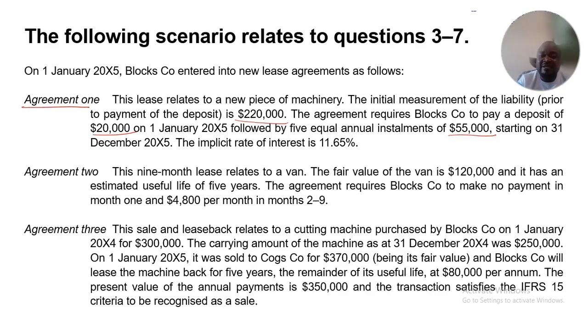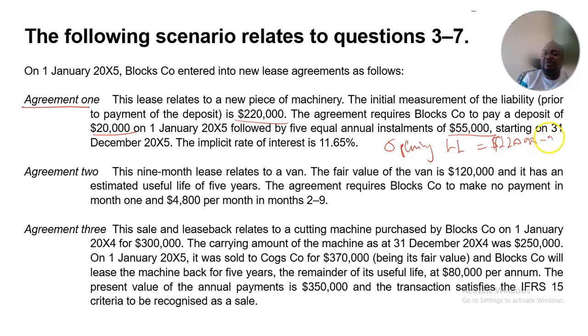Right, so let's look at a question relating to this. You can even take notes as you read the question, on your notepad or scratch pad. For example, in this case, the opening lease liability. It has been initially measured at 220,000 before the deposit.